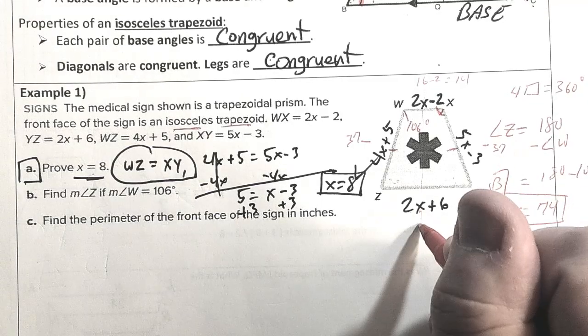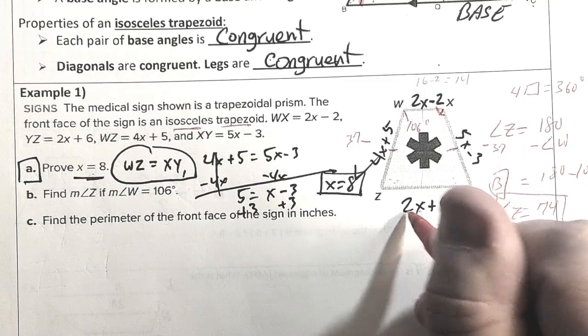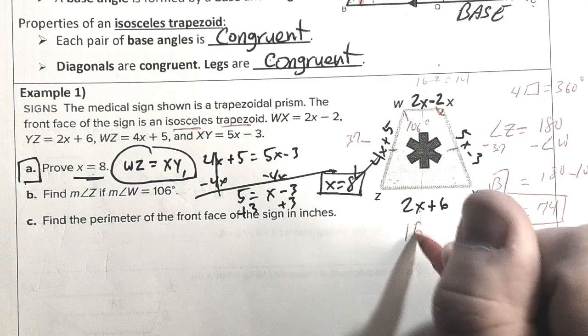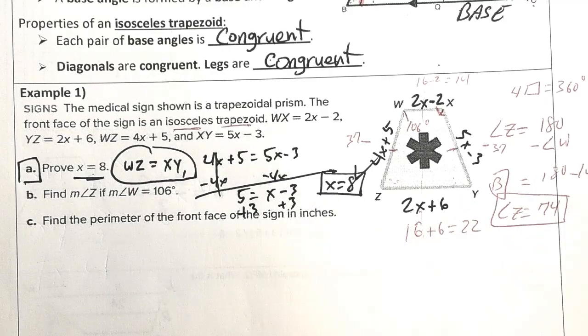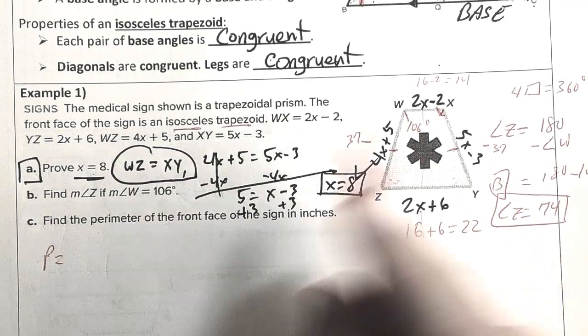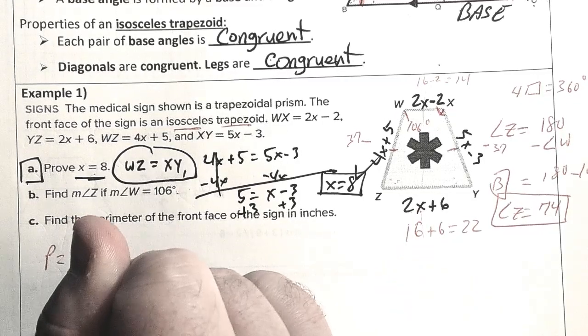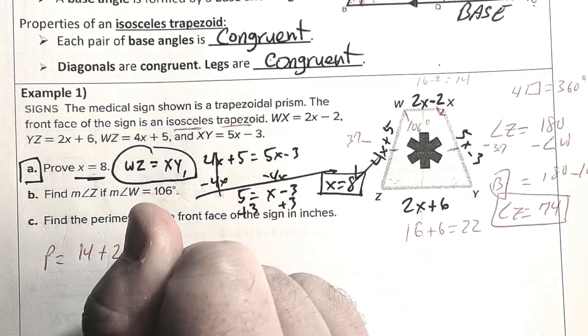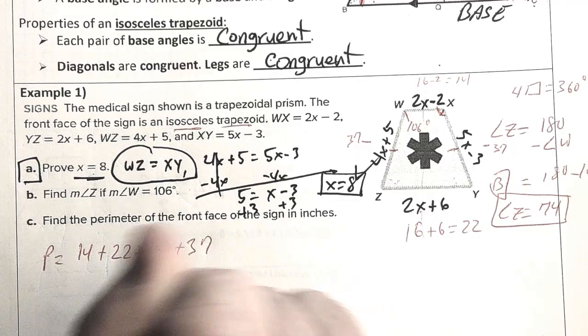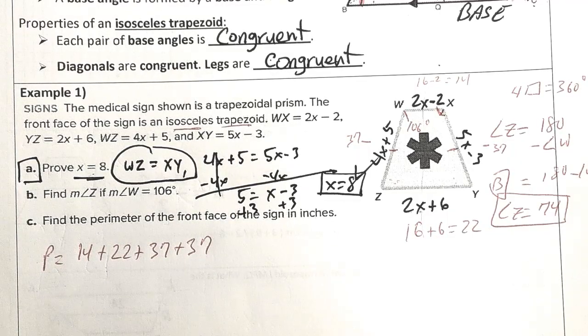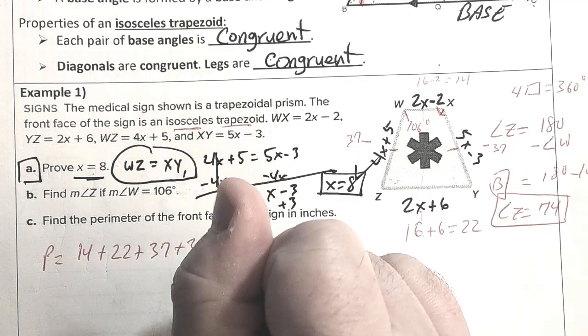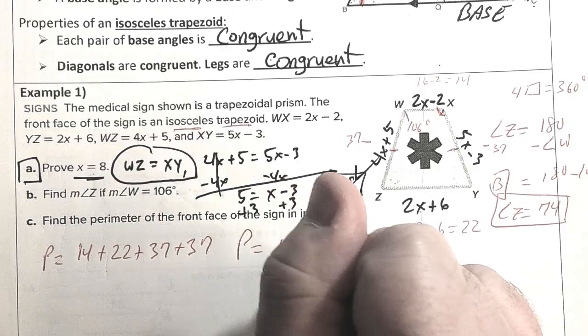And then down here, 8 times 2 is 16, plus 6 is 22. The perimeter is the four sides. So it's 14 at the top plus 22 at the bottom plus 37 on the left and 37 on the right because those two are congruent. Add all four of those together and your perimeter is 110 inches.